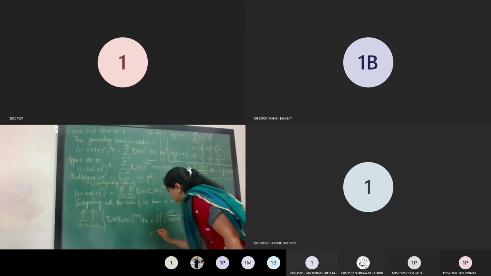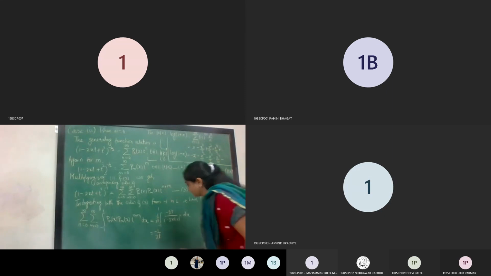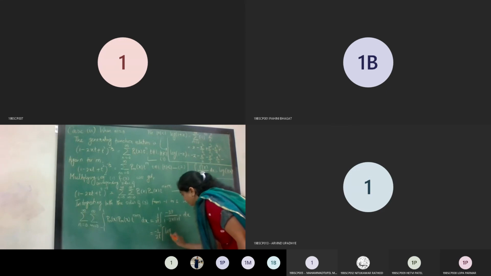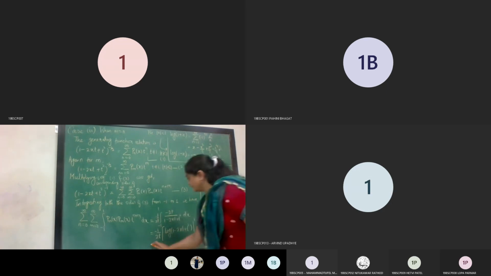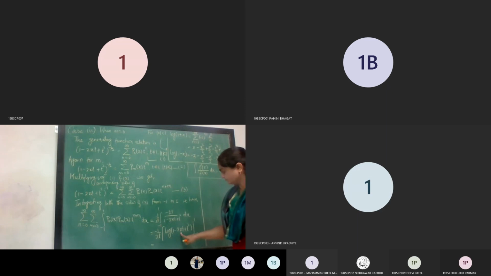So the corresponding formula gives log of 1 minus 2xt plus t square, and the integration is from minus 1 to 1. When you substitute x is equal to 1, this will be 1 minus 2t plus t square, that means the square of 1 minus t, and when you substitute minus 1, it will be 1 plus 2t plus t square, that means a perfect square of 1 plus t.